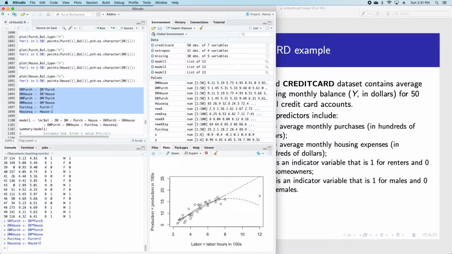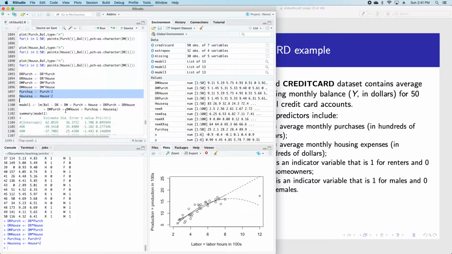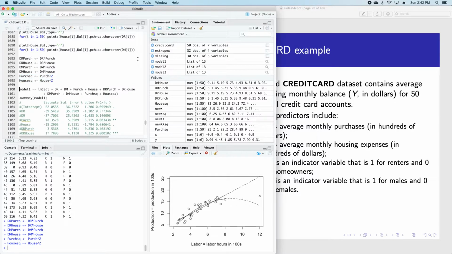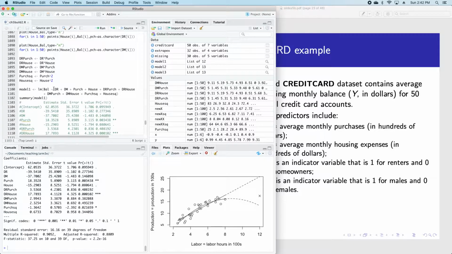So I've got interactions between each of the indicator variables and each of the quantitative predictors, and then I've also got two square transformations there of the quantitative predictors. So I'm going to start with this model here. It's got all of the predictors plus all of the interactions plus the two squared terms.